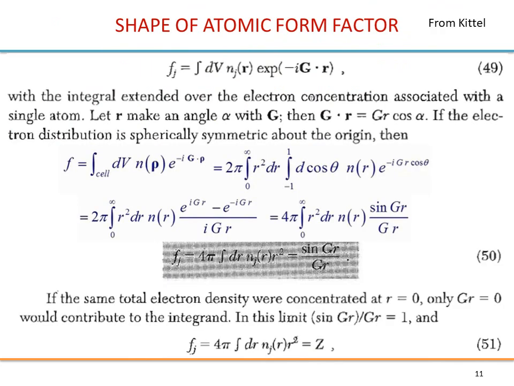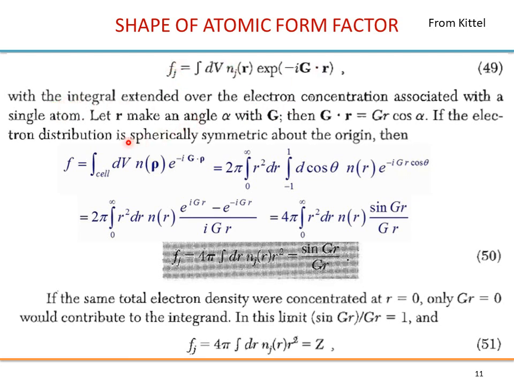Alright, so just a short comment about the shape of the atomic form factor. You will not need this in our course. It is just a comment. This is actually what is shown in Kittel book. So this is our form factor.